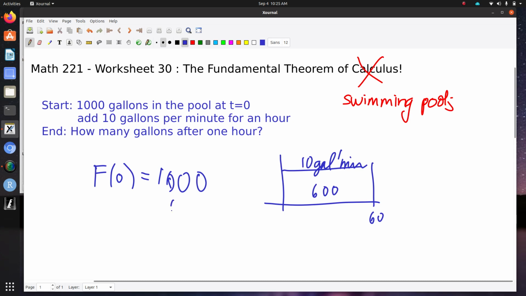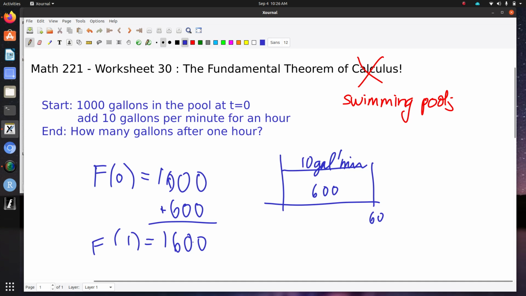So I'm going to add 600, and then F at 1 is 1,600. So it's the same as the bank account example, except that instead of reporting your change as individual changes, you're saying, okay, there's a function that varies over time, or maybe doesn't vary over time, and it tells you the rate at which we're adding or subtracting something, and we have to accumulate that change somehow.